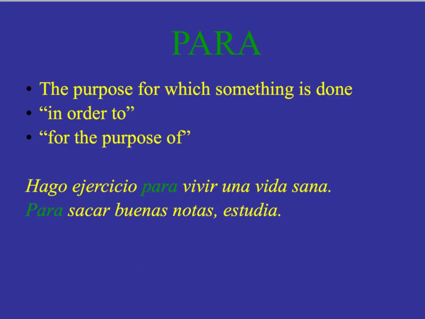We use para to express the purpose for which something is done. So if you're ever trying to say "in order to" or "for the purpose of." I exercise in order to live a healthy life. In order to get good grades, you should study. Notice that these verbs, vivir and sacar, so this is para plus an infinitive.